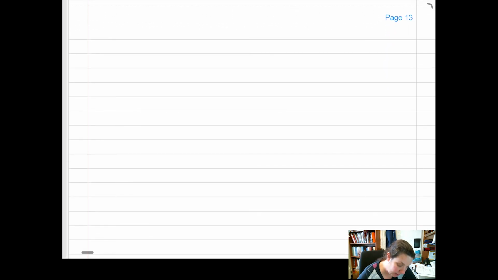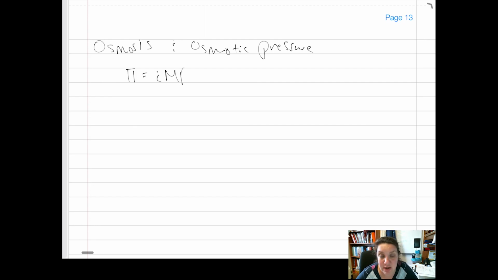We're also going to look at osmosis, so know what osmosis and osmotic pressure is. So understand how those work. Our equation for osmotic pressure is equal to our Van Hoff factor times our molarity times R, 0.08206, so our gas constant, times temperature in Kelvin.